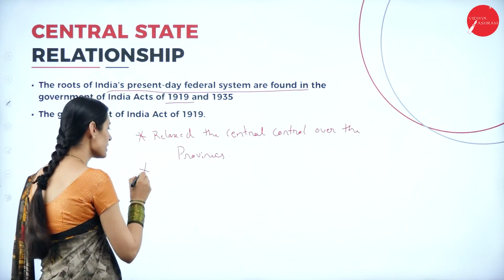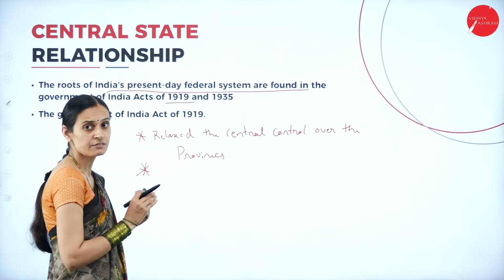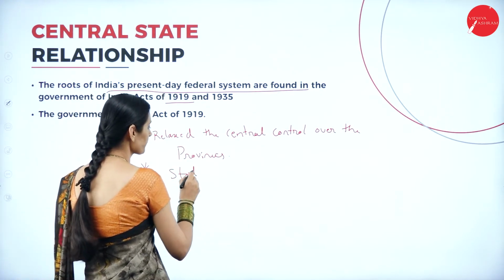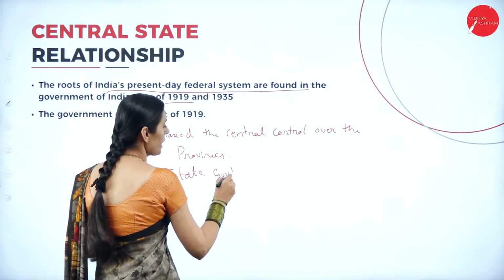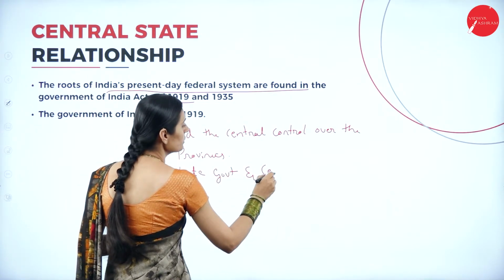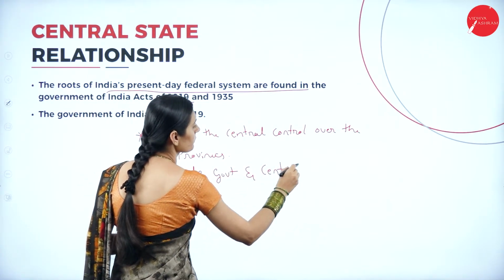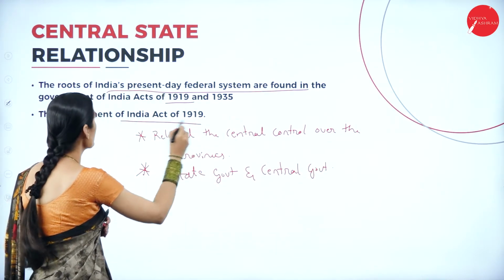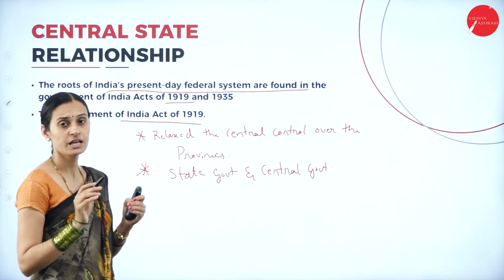And for the first time the subjects were classified or divided into two: one is the state government and another is the central government, according to the Government of India Act 1919.